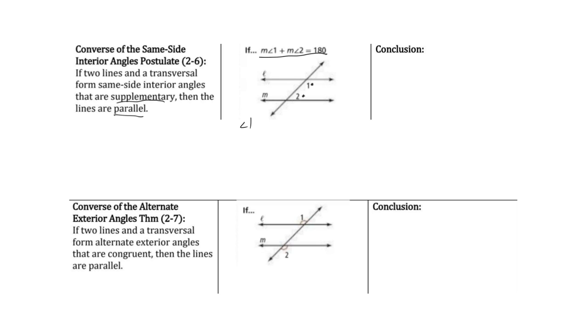So if angle 1 and angle 2 are same side interior angles and supplementary, meaning they add to 180, then we can say L is parallel to M.